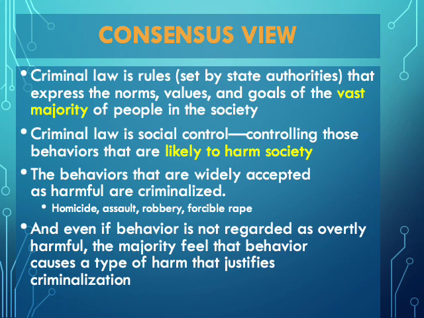And from the consensus view, it's not just these obvious sorts of behaviors that are likely to harm society, but it can be some less obvious ways. So even if a behavior is not regarded as overtly and obviously harmful, the majority of people within that society feels that the behavior causes some type of harm that justifies criminalization. So for example, prostitution.